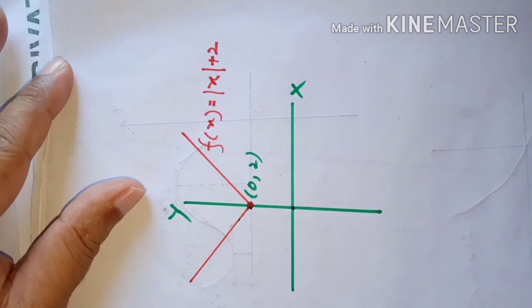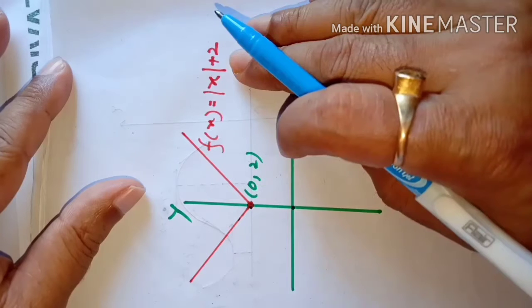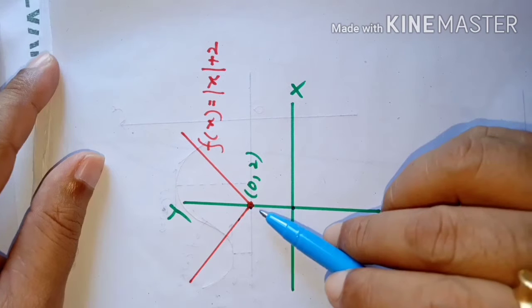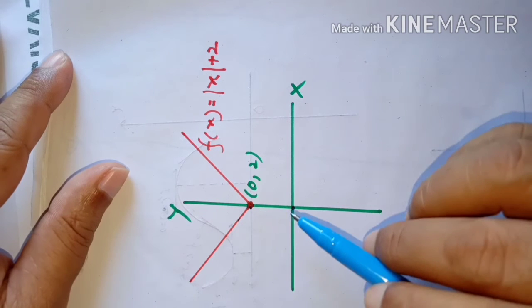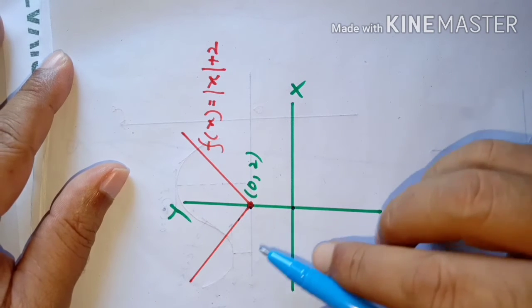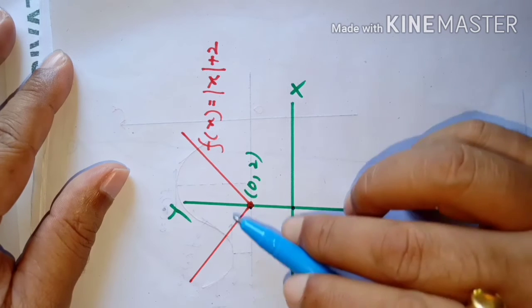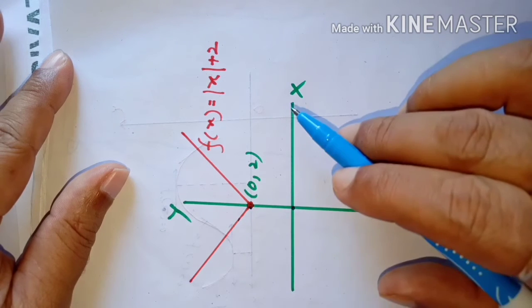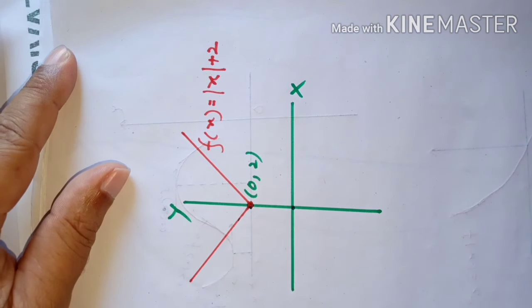So there are functions which are not differentiable but can have critical points. Critical points or turning points are those points at which the graph changes its direction, from decreasing to increasing, or from increasing to decreasing.